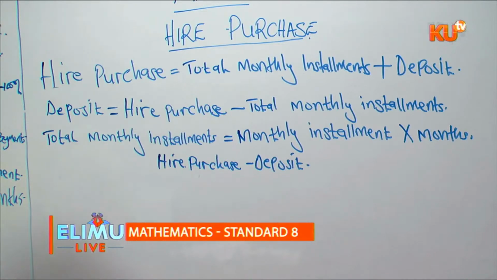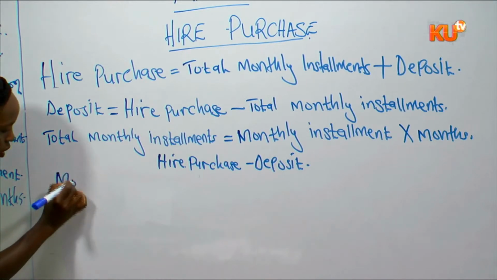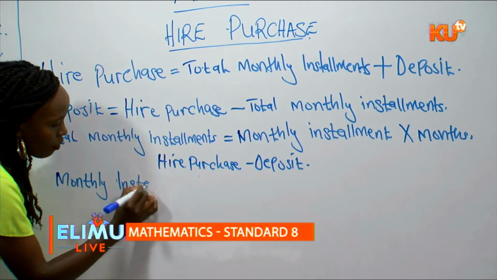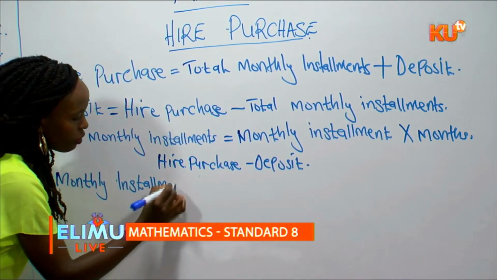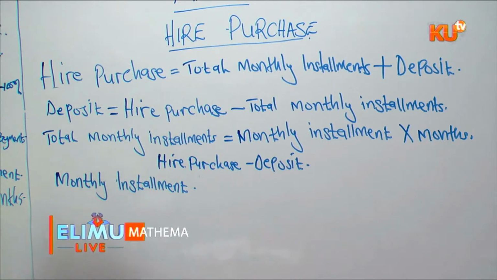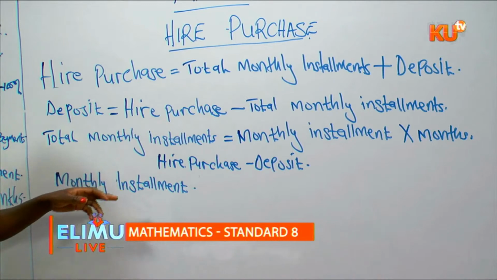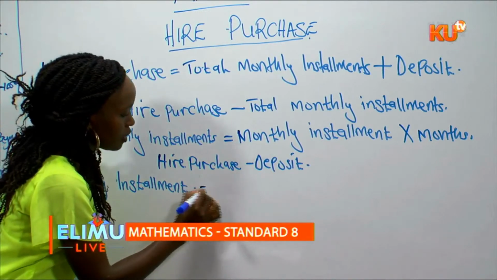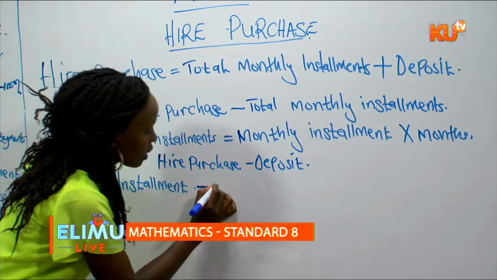Then we have what we call the monthly installment. For me to get the amount that a person pays per month, what am I supposed to do? You take the hire purchase minus the deposit.